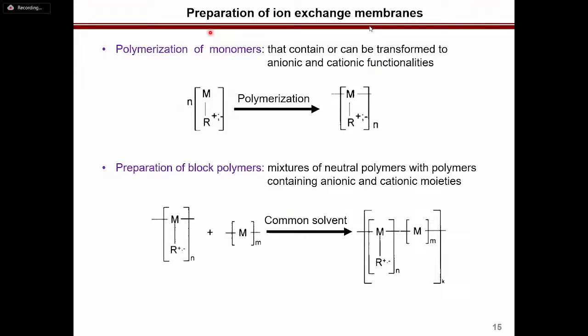Can anybody tell me how you can prepare membranes in the lab, or have you done some practical work in preparing membranes in a short course? If you have been dealing, for example, with reverse osmosis membranes or other types of membranes, how did you prepare them in the lab, or what methods did you use?